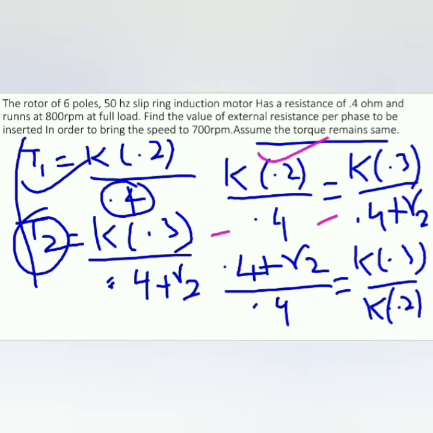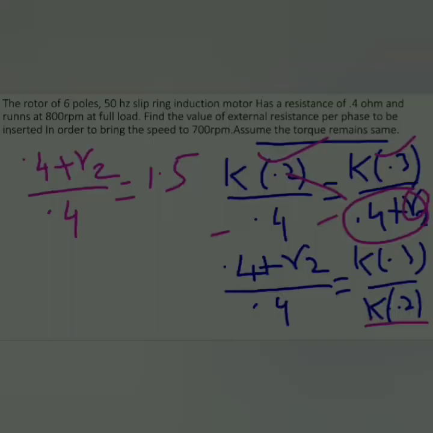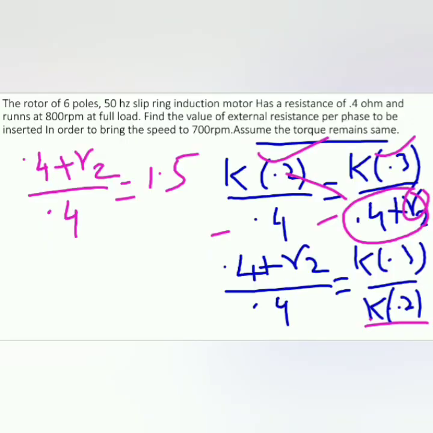Here S1 is known, S2 is known, and only R2 is unknown. So you bring this here: 0.4 plus R2 divided by 0.4 is equal to K 0.3 divided by K 0.2. Here K will be cancelled, and 0.3 divided by 0.2 will become 1.5.